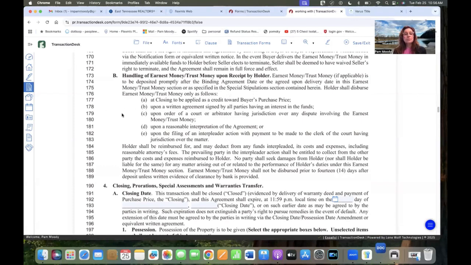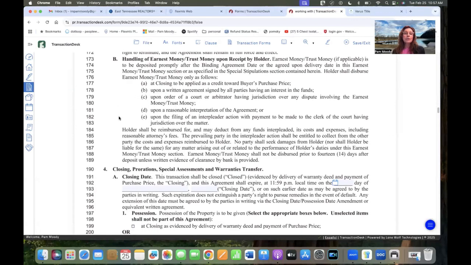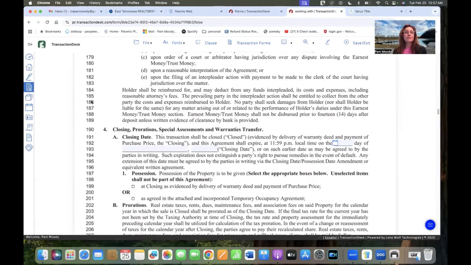Holder shall disperse earnest money as follows: at closing to be applied as a credit toward buyer's purchase price, upon written agreement signed by all parties having interest in the funds, upon order of a court or arbitrator having jurisdiction over any dispute involving the earnest money, upon a reasonable interpretation of the agreement, or upon the filing of an interpleader action with payment to be made to the clerk of the court having jurisdiction over the matter.